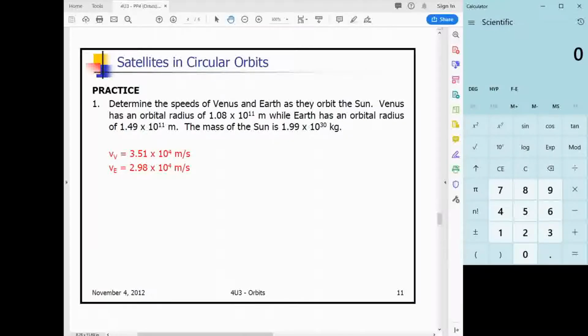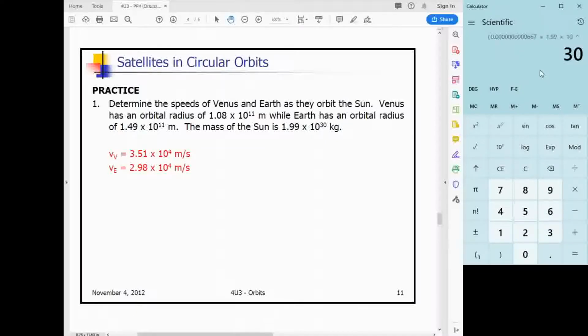So we're looking at the orbital radius. I'm going to save big G into my calculator's memory. So that's stored in my memory now. Now I have to find the square root, so I'll start by putting a bracket. I'm using my big G, and I'm solving for Venus first. So the mass of Venus is irrelevant. We need the mass of the Sun, so it's times 1.99 times 10 to the 30.